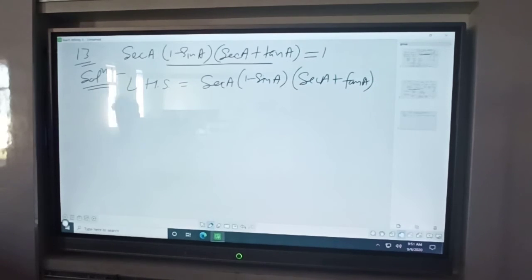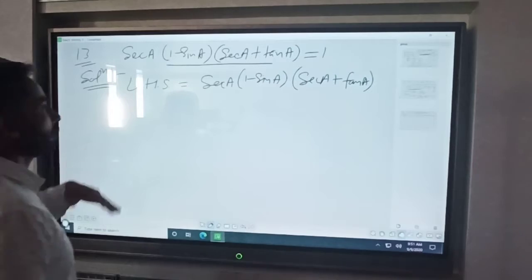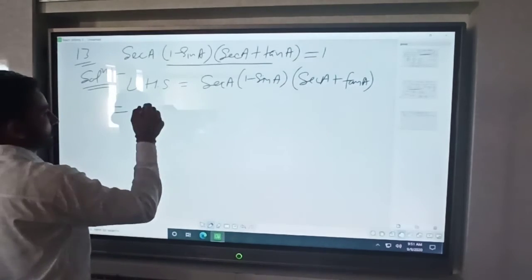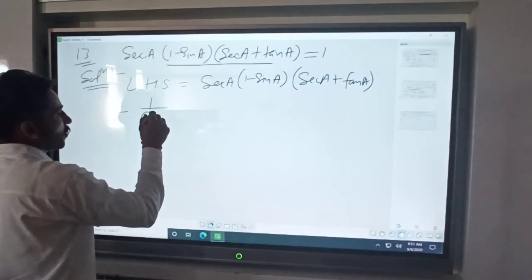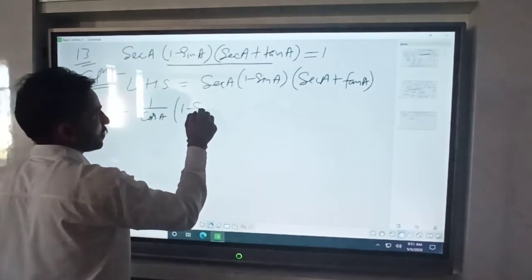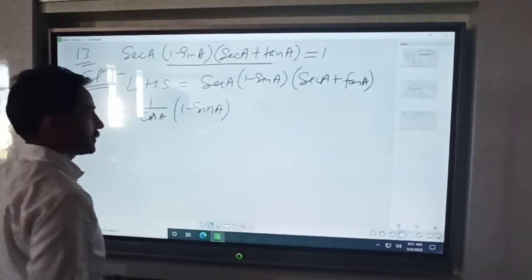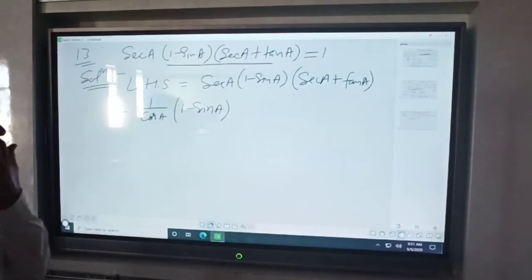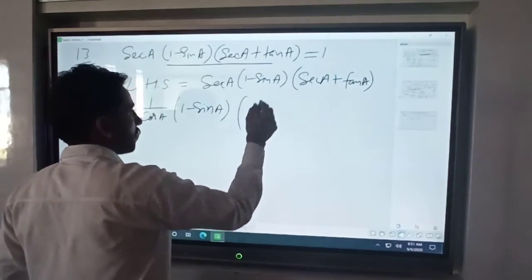Secant हमें पता है, what is the secant? Secant is the reciprocal of cos, therefore we can write it as 1 over cos A into 1 minus sin A as it is, because it is already in sin form. Now there is a secant A. What is the secant?